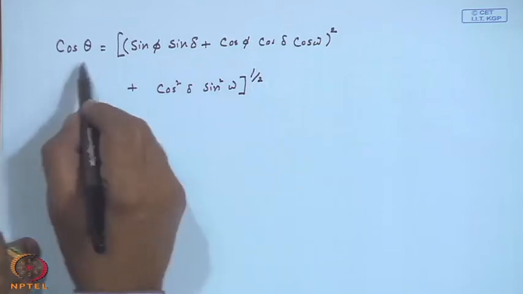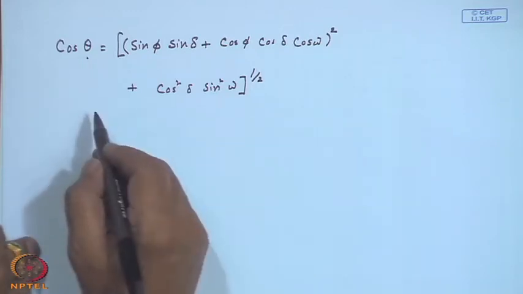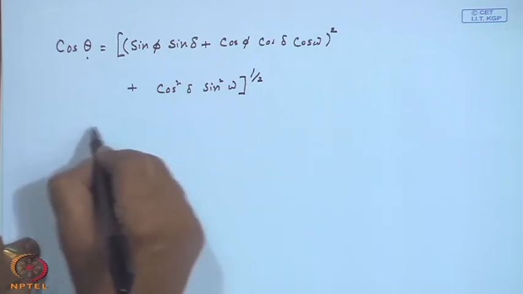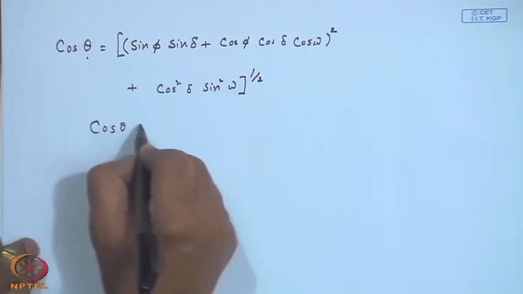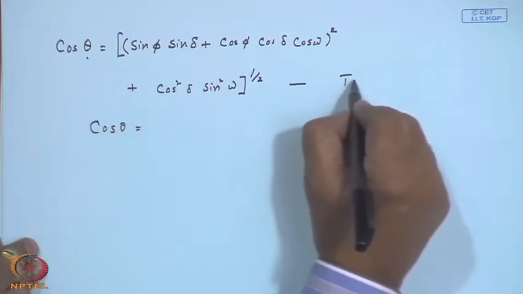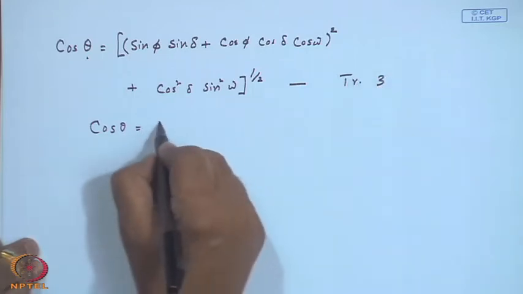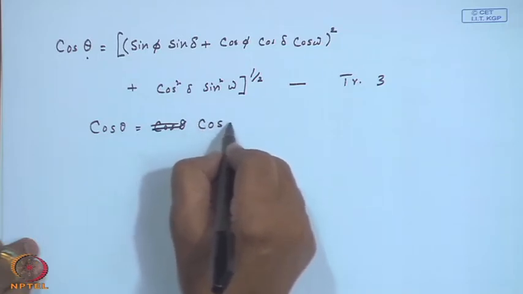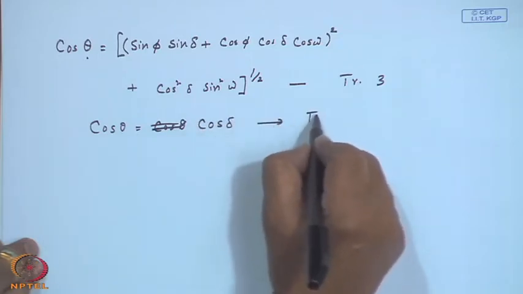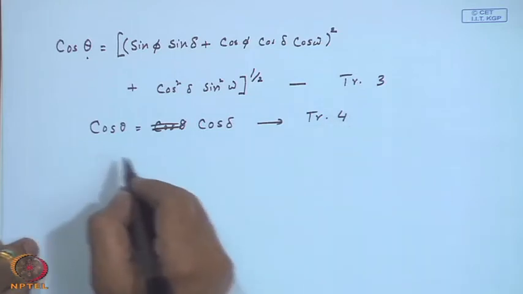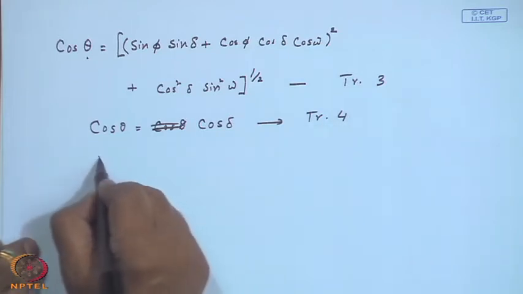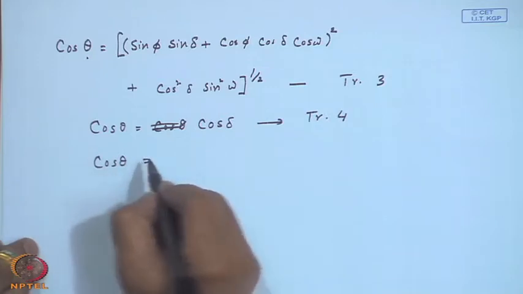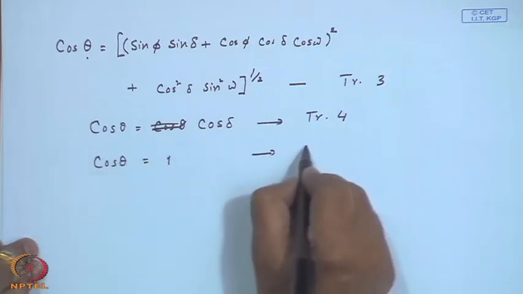So, you use this expression in calculating RB bar for tracking mode 3 or RB for tracking mode 3, and of course, cos theta is simply cos delta for tracking mode 4, and cos theta is 1 for tracking mode 5.